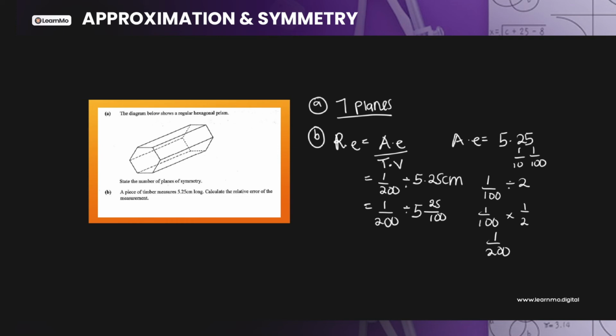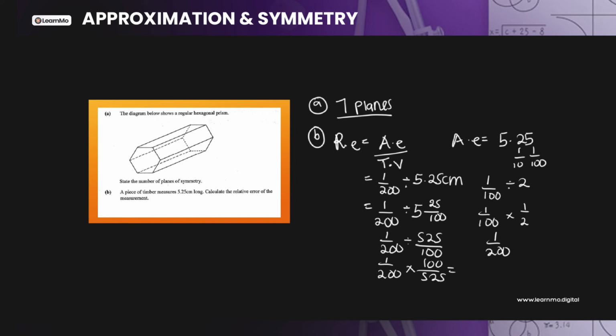So say 5 times 100, 500, plus the 25. That will give you 525. So 1 over 200 divided by 525 over 100. From that stage, you say 1 over 200 times 100 over 525.